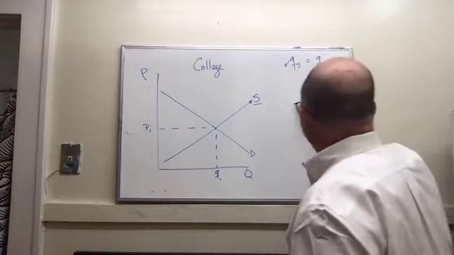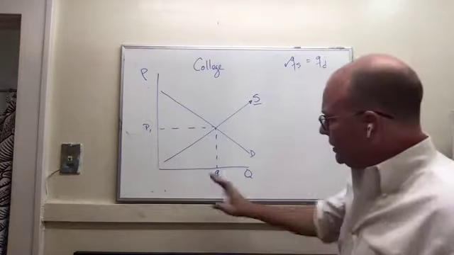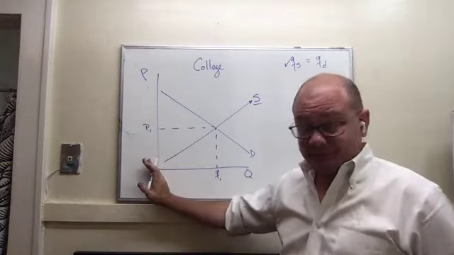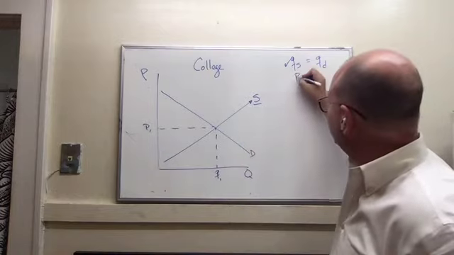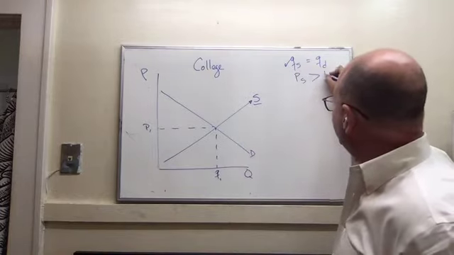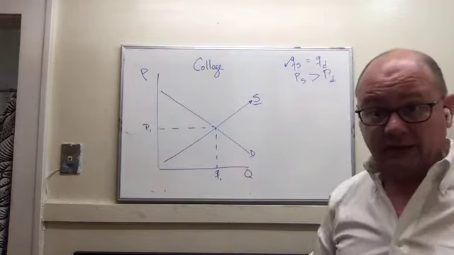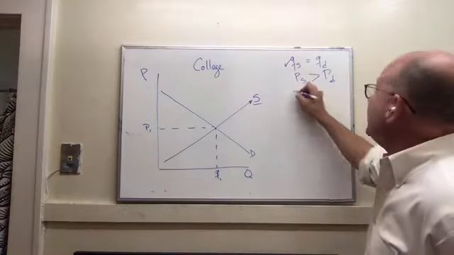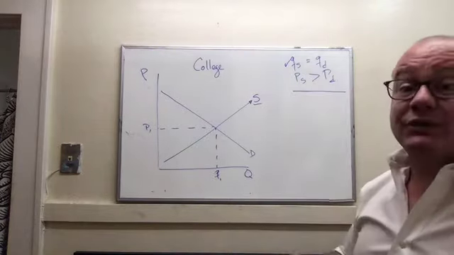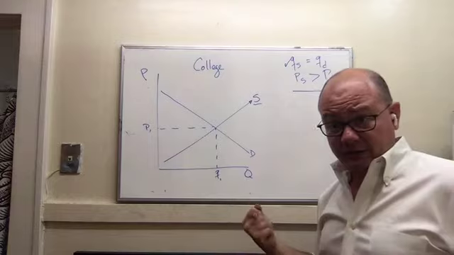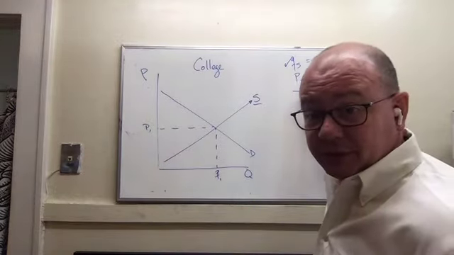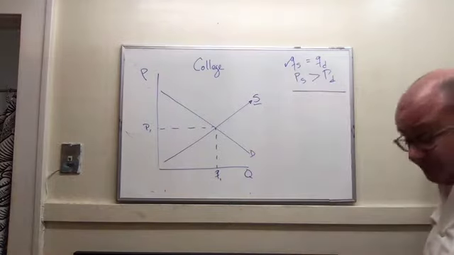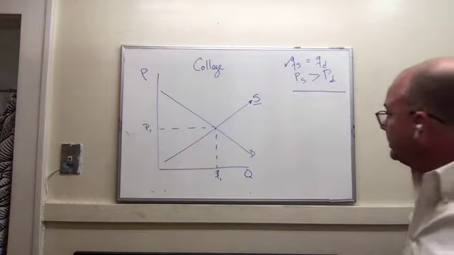Now, we looked at places where we're back here. And in those situations, what was true? The benefit that producers received was less than the cost that consumers incurred. Here we have a situation where the benefit to suppliers is greater than the cost to consumers.